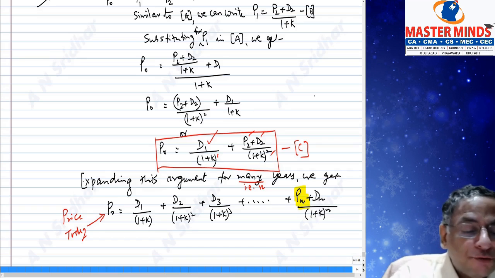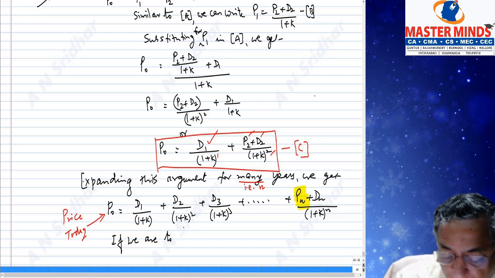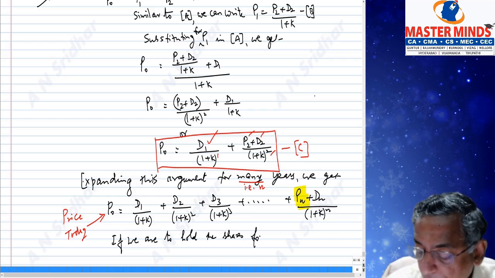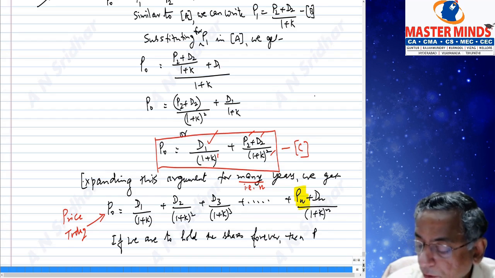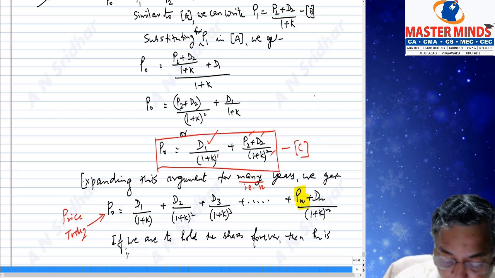So if we are to hold the shares forever, then Pn is irrelevant.